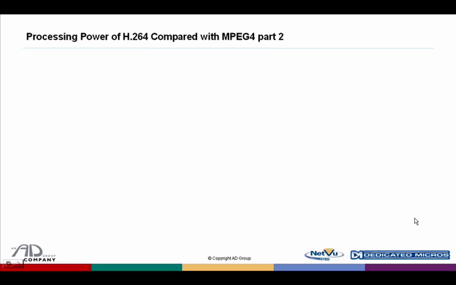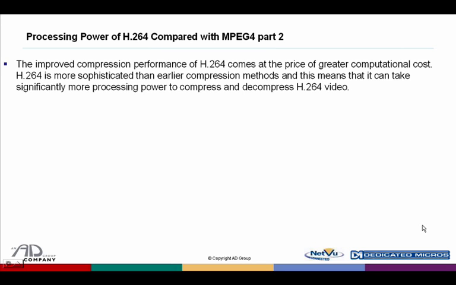What does that mean then in terms of the processing power required to compress H.264 streams compared to MPEG-4 Part 2? Well, the improved compression that is achievable through H.264 does require far higher levels of computational power and therefore cost.